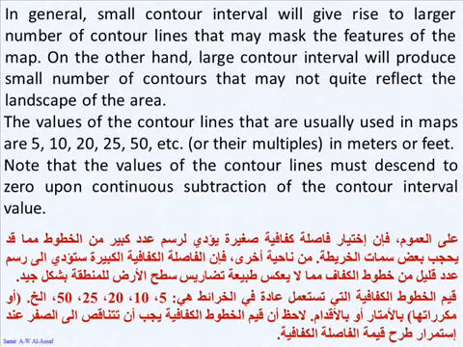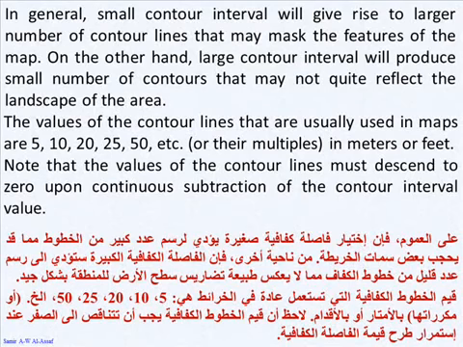In general, a small contour interval will give rise to a larger number of contour lines that may mask the features of the map. On the other hand, a large contour interval will produce a small number of contours that may not quite reflect the landscape of the area.